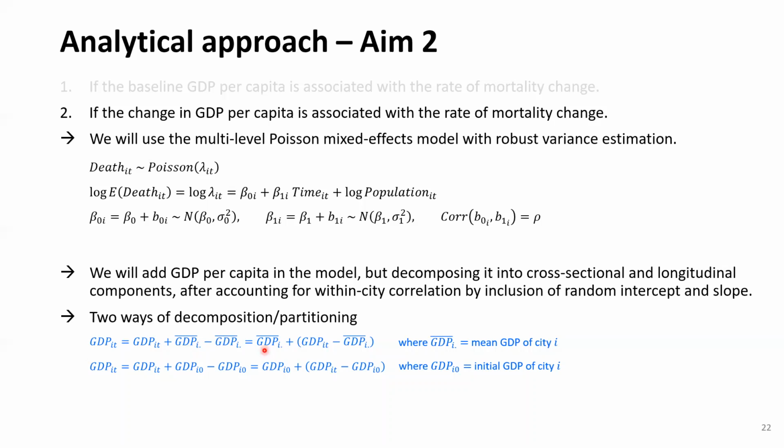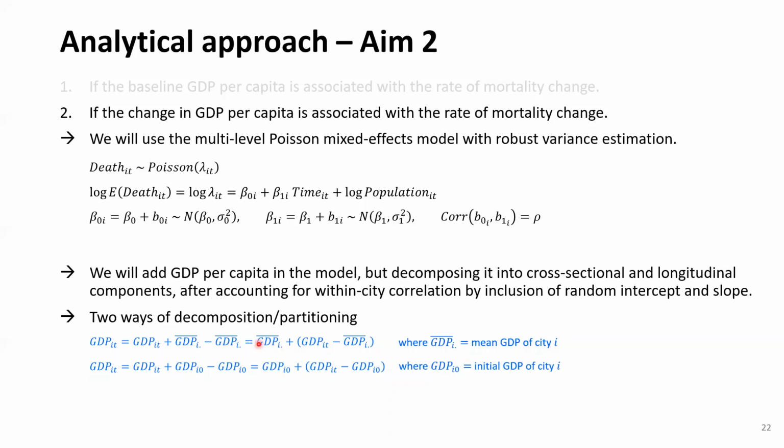The first one you see is the city-specific mean of GDP, or average GDP across years, plus GDP minus mean GDP. So this is the difference of each year's GDP as compared to each city's average. This is one way we can decompose or partition GDP into two components.